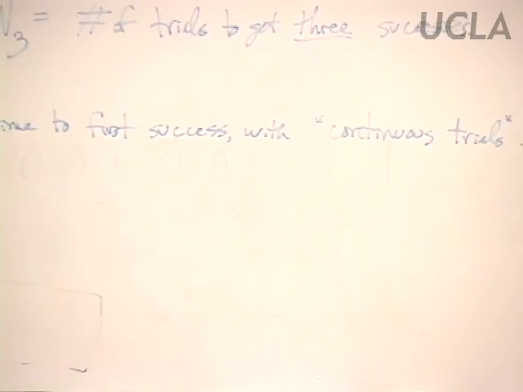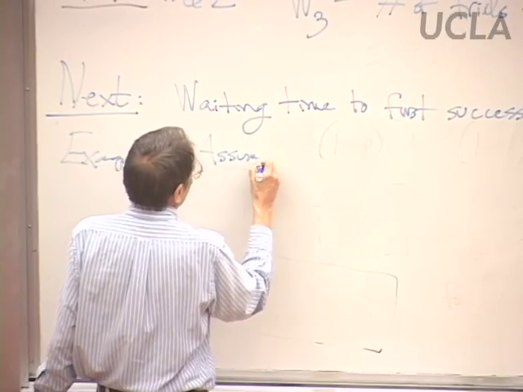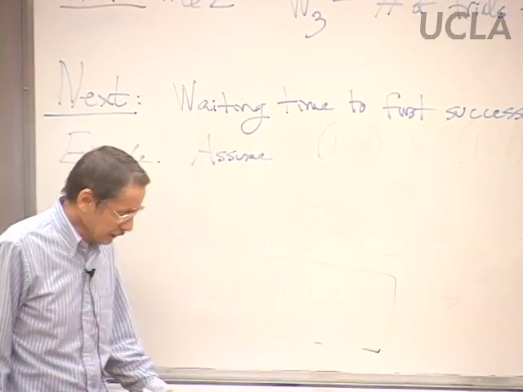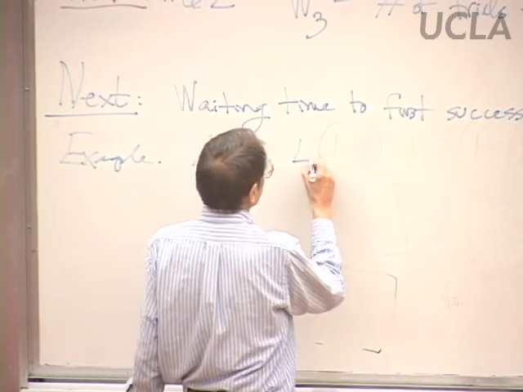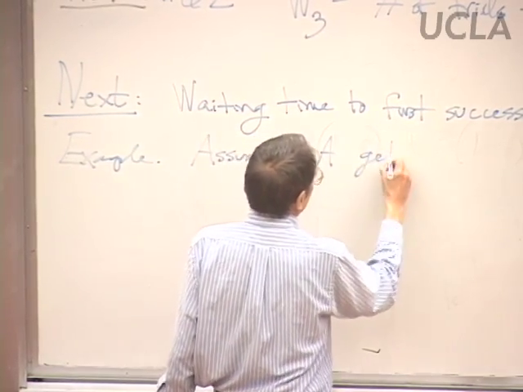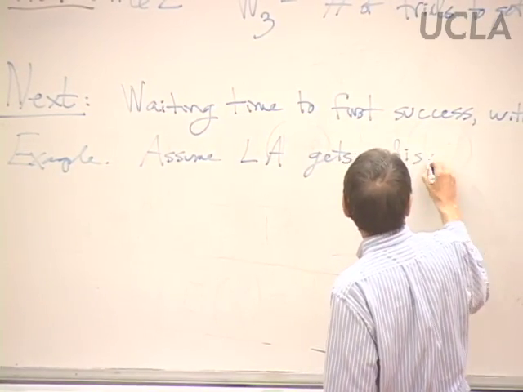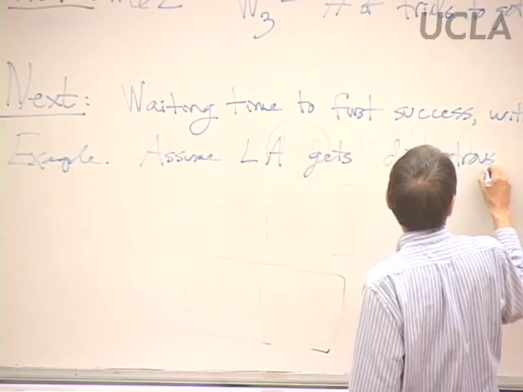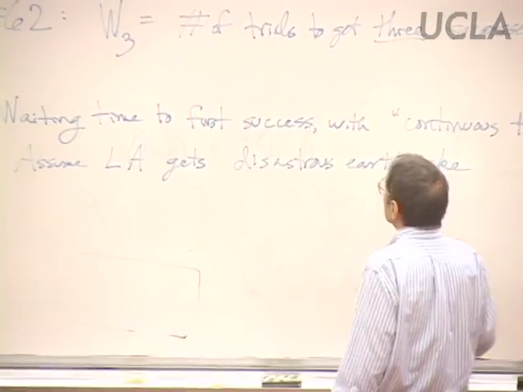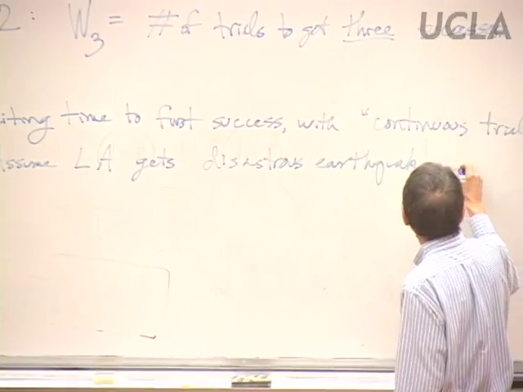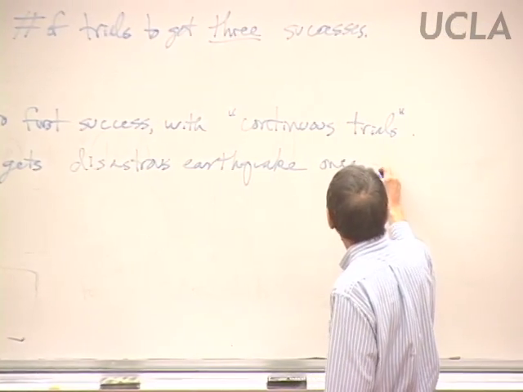For example, let's assume that Los Angeles gets a disastrous earthquake on the average once every century.